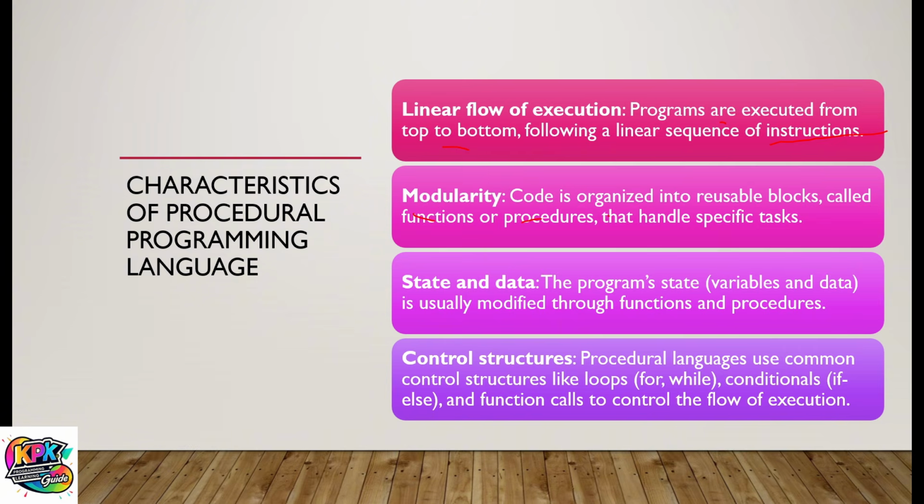State and data: the program state, that is variables and data, is usually modified through functions and procedures. They have control structures. Procedural languages use common control structures like loops, that is the for and the while loop, conditionals like if and if-else, and then function calls to control the flow of execution.